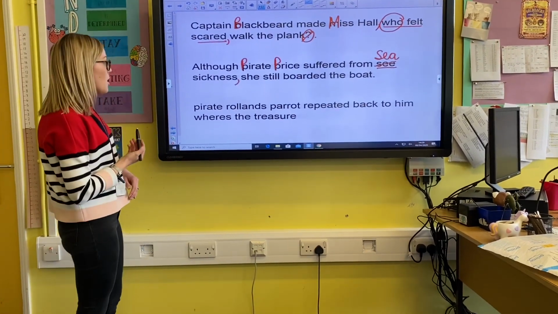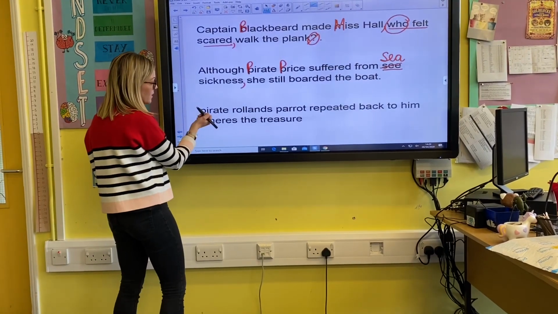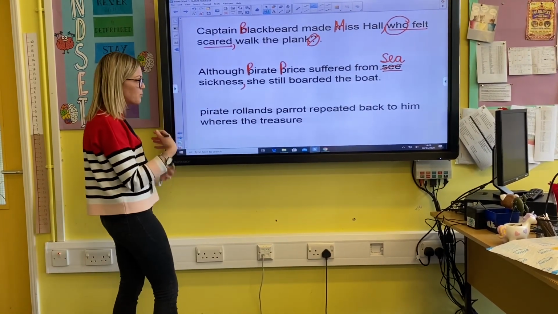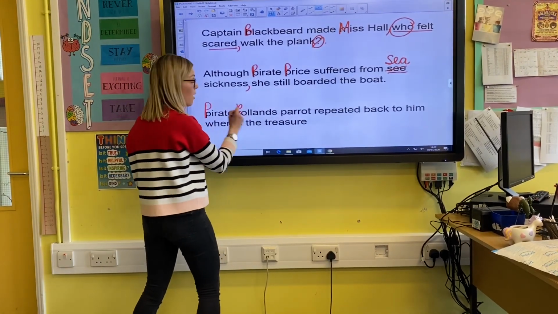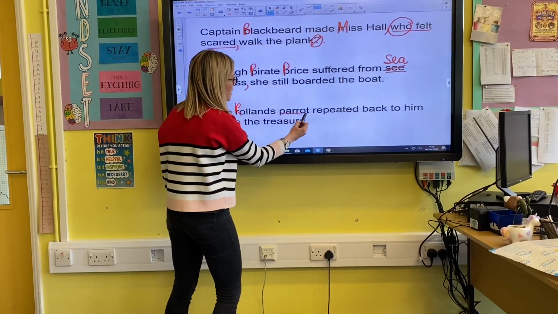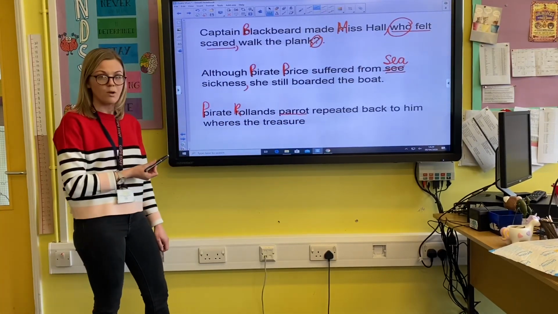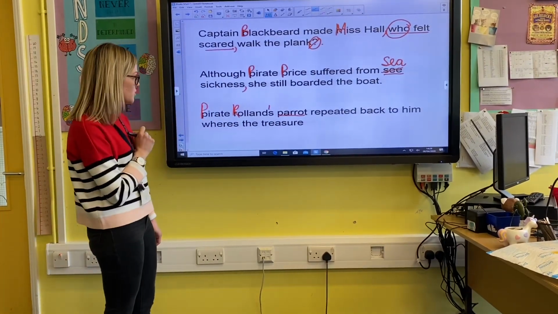Last sentence. Pirate Rollins. Again, not only because it's at the beginning of a sentence, but because it's part of a name, and that's a proper noun, we need capital letters. So capital P, capital R, Pirate Rollins Parrot. Now, this parrot belongs to Pirate Roland. So we need to use an apostrophe here to show possession.